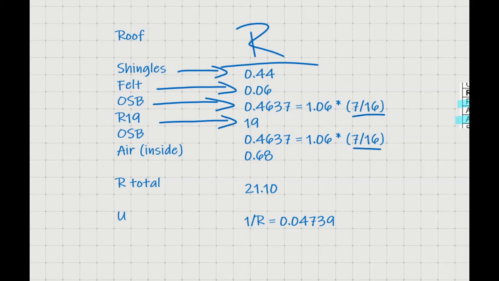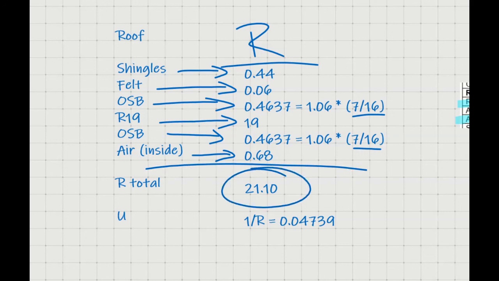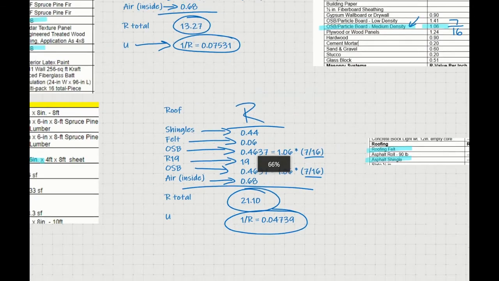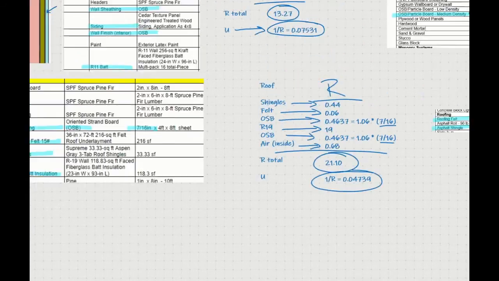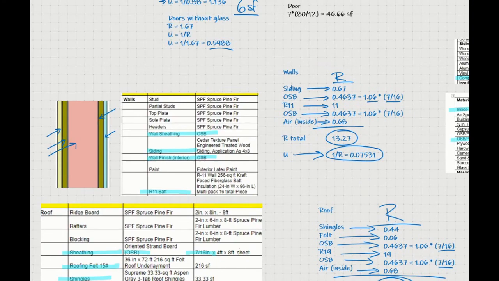R19 has an R value of 19. OSB again, and the inside air film again. Add all of those up, you get 21.1, and then reciprocate that, and you get the U factor for the roof structure. All right, and okay, that's all we have to talk about.